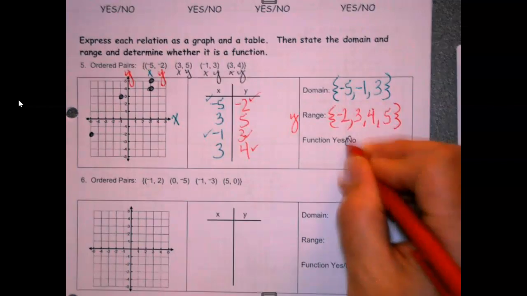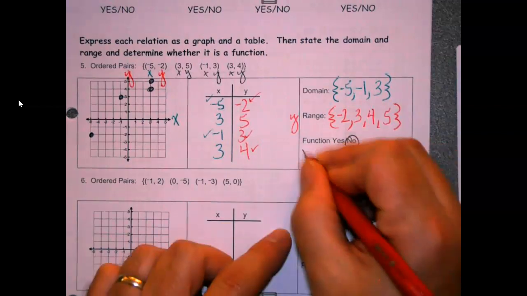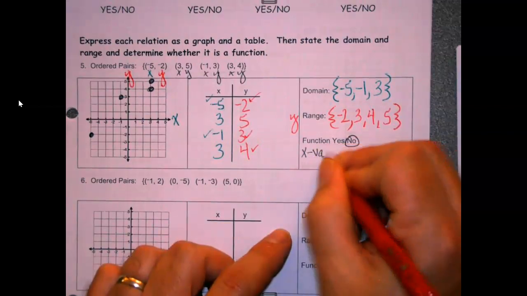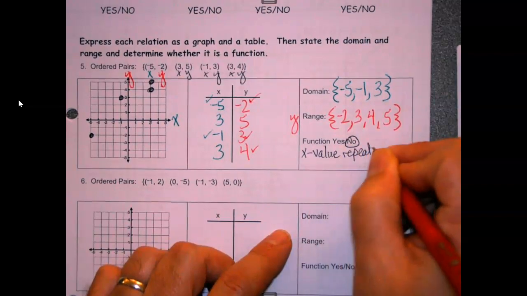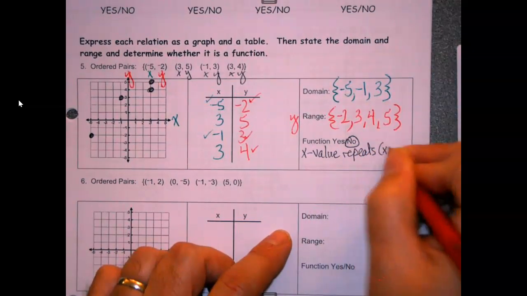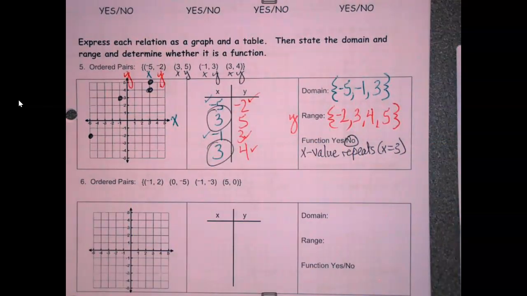Nope. Because, okay, there's two different ways you could look at it. You could say that the x value repeats. Okay, I see 3's there twice. That would be one reason that it's bad. It doesn't work.